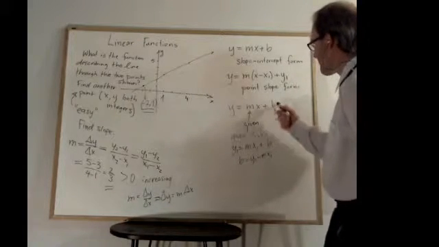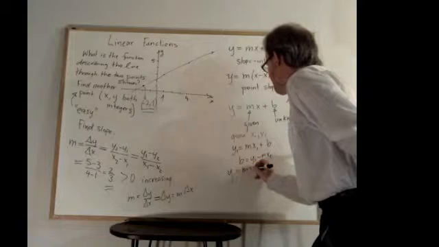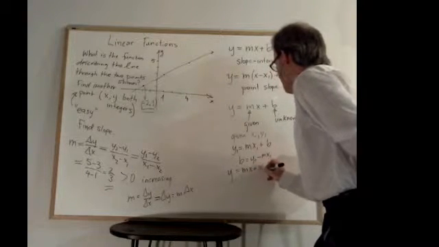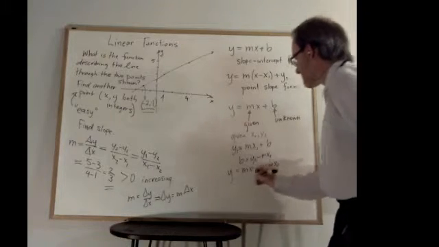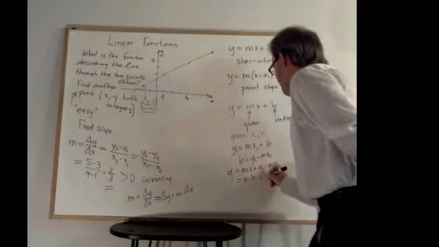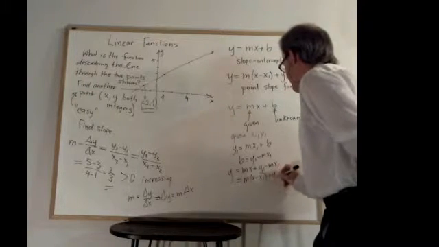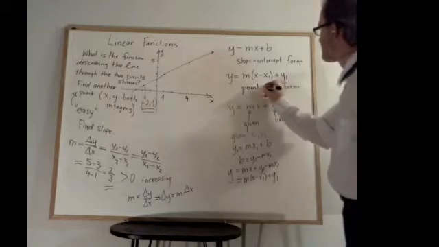Putting that back into the equation, we get y is equal to mx plus y1 minus mx1, and if we rearrange this, we just get m times (x minus x1) plus y1. And that is what we have up here, the point-slope form.